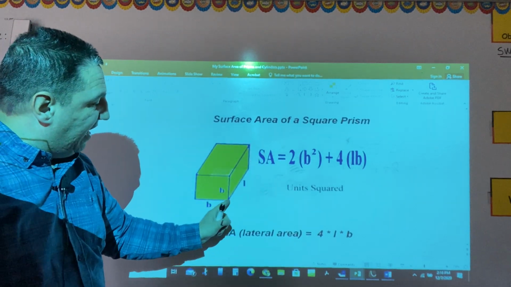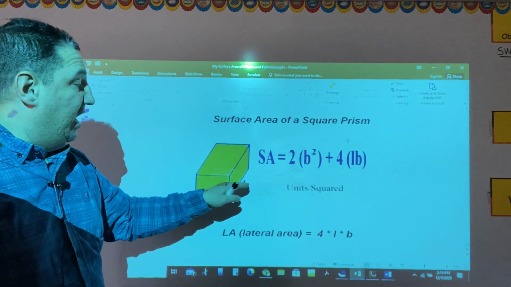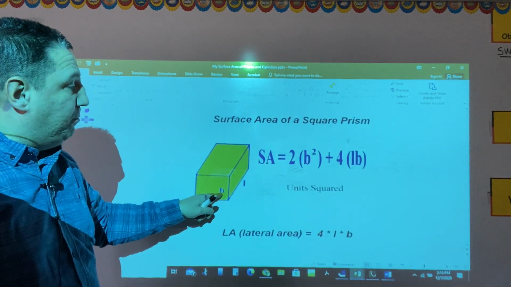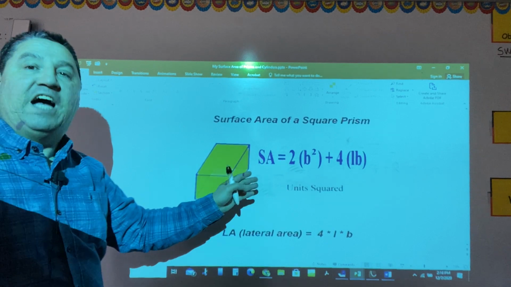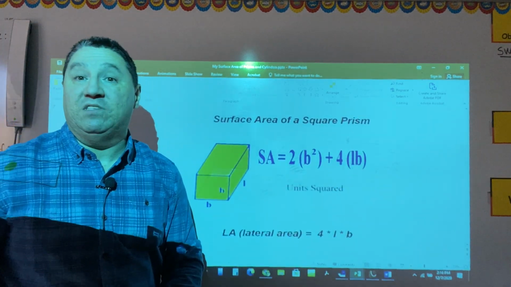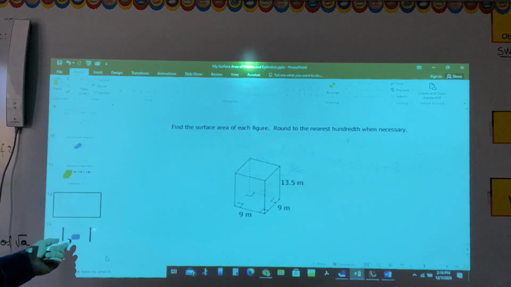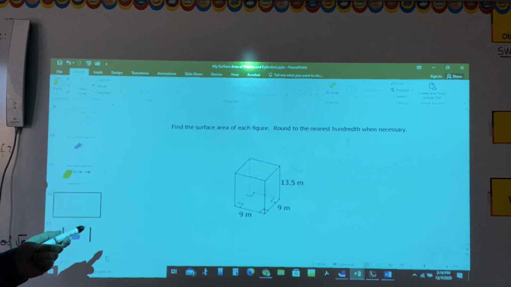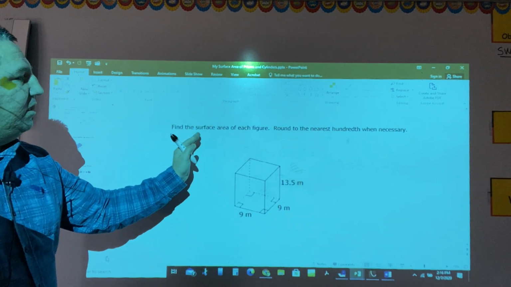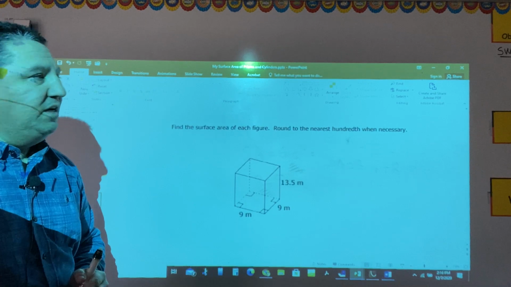In this case, length is L, width is b. So we have L times b, but you have 4 such rectangles. That's why you have 4 times L times b. Now, let's have an example of a square prism.